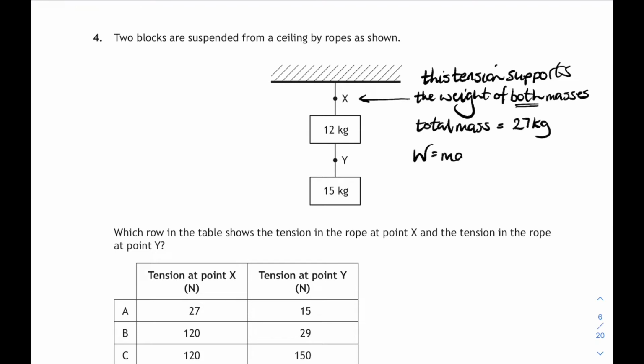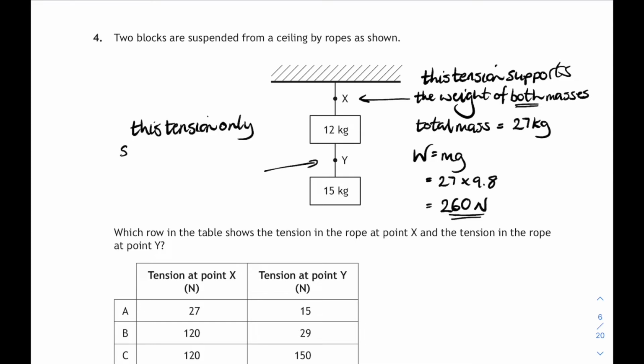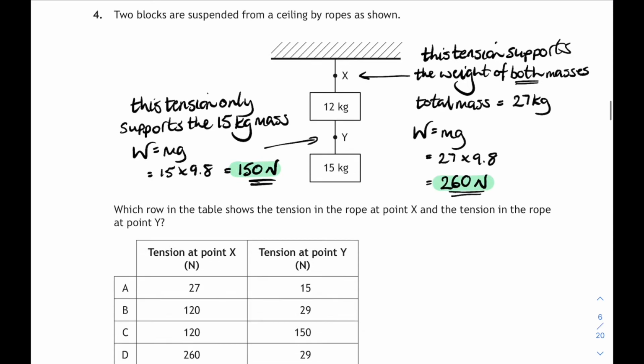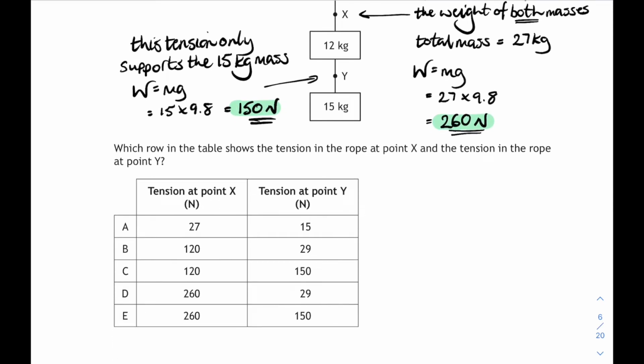The total mass will be 12 plus 15 is 27 kilograms. So that weight is 260 newtons. And the tension at Y is only supporting the 15 kilogram mass, and that's got a weight of 150 newtons to 2 sig figs. So let's check what row is correct. We want 260 and then 150. That's answer E.